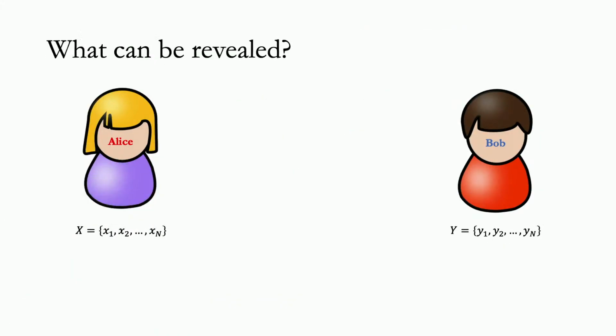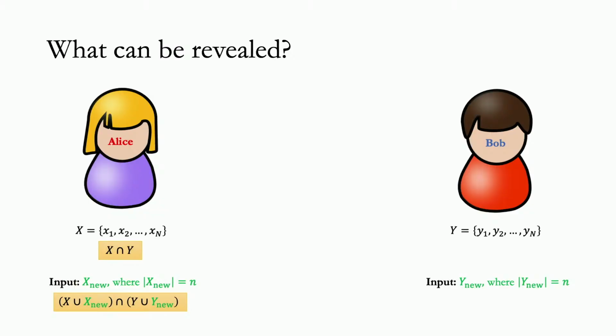So this doesn't work. Now let's take a step back and think about what can be revealed to Alice in the ideal functionality. From the old set, she can learn the old intersection. And after the new elements are added, she can learn the new intersection. And from these two sets, here is what she's allowed to learn, which consists of two sets.